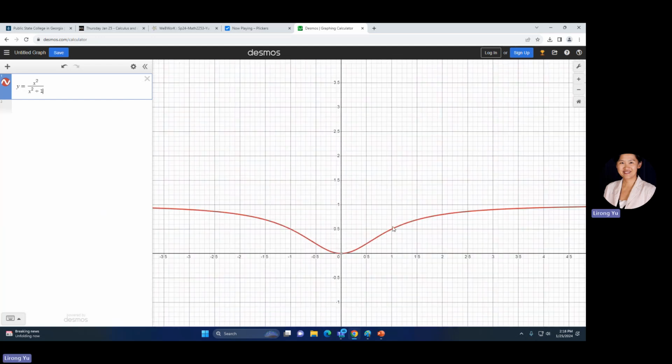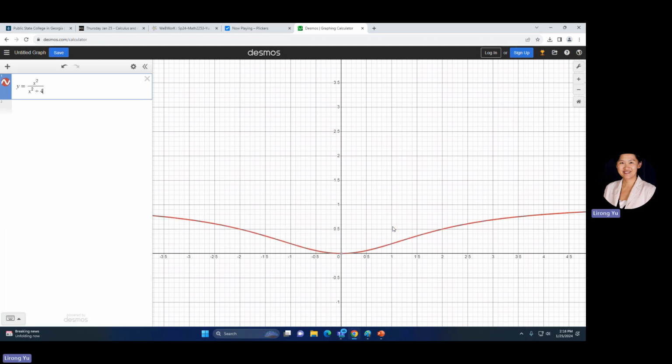Overall, the behavior at the far left and far right, which is the horizontal asymptote, will still be there, and the local behavior in the middle is controlled by the change in the coefficient.